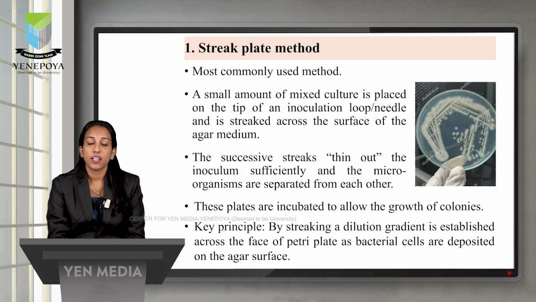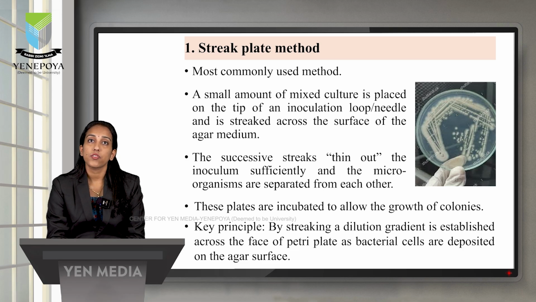The streak plate method is a commonly used method, and as in the picture, we streak out the mixed culture from one end to the other end. First, a small amount of mixed culture is taken using an inoculation loop and streaked on the solidified agar medium.